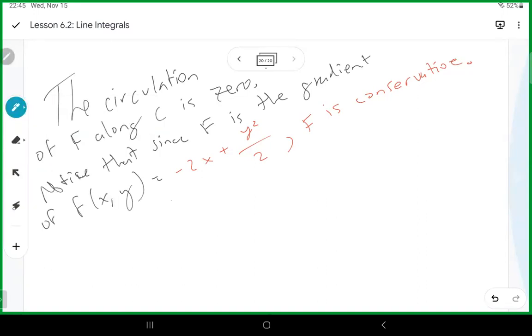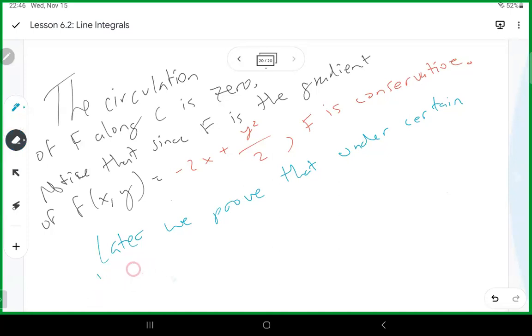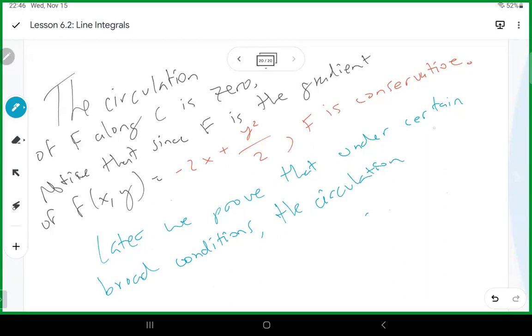So later, not broad conditions, the circulation of a conservative, nope, that's not that word at all.